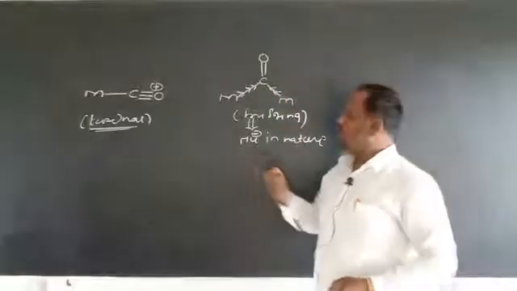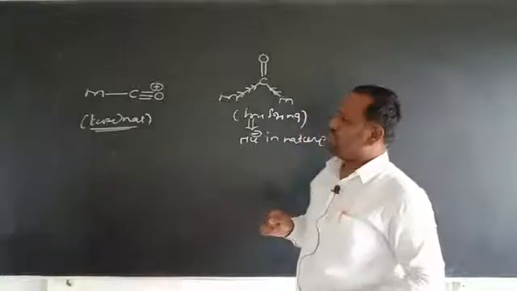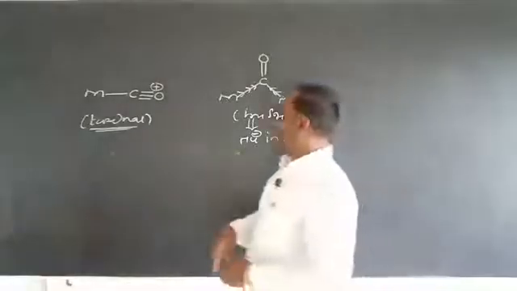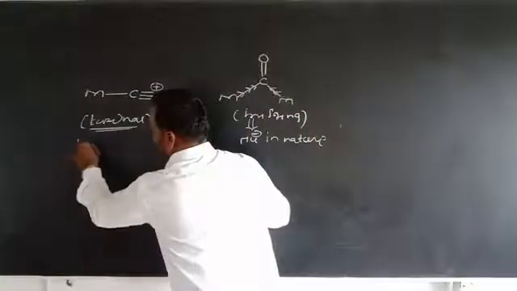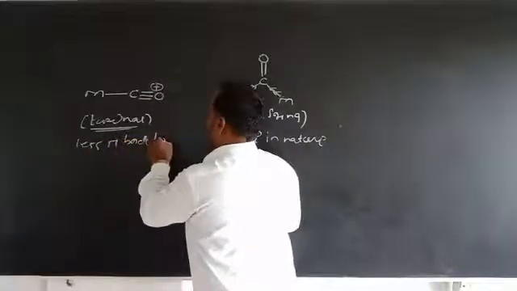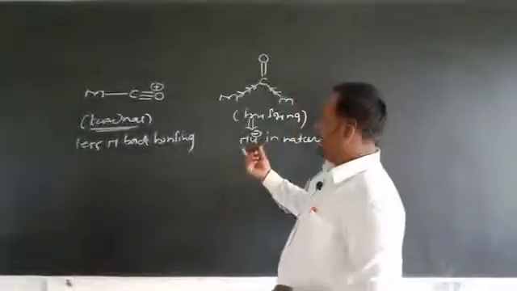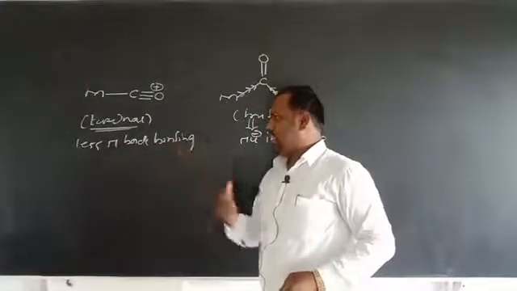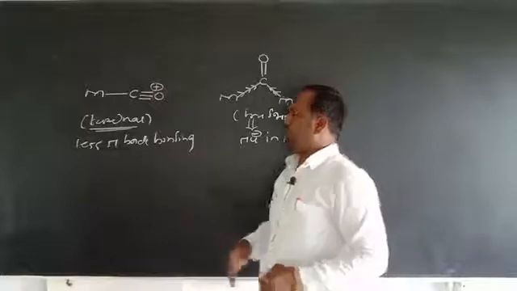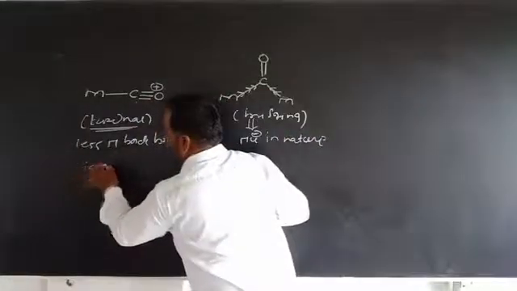In this other case, only one metal atom is involved in back bonding, so there is less pi back bonding, and therefore this carbonyl is electron deficient.